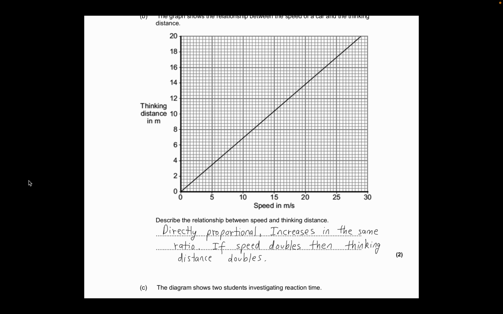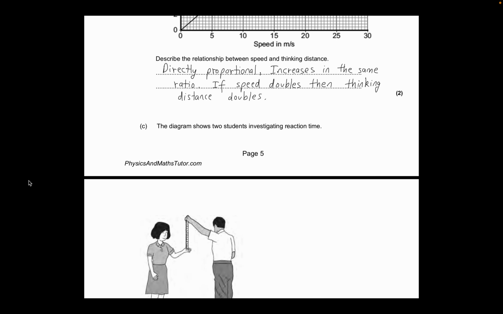You can also write that as speed increases, so does the thinking distance. That's another way of saying it. You can also write as one increases, the other increases. You can also mention that as thinking distance increases, speed increases. These are some other points that you can mention in this case. Okay, let's move on to the next question.